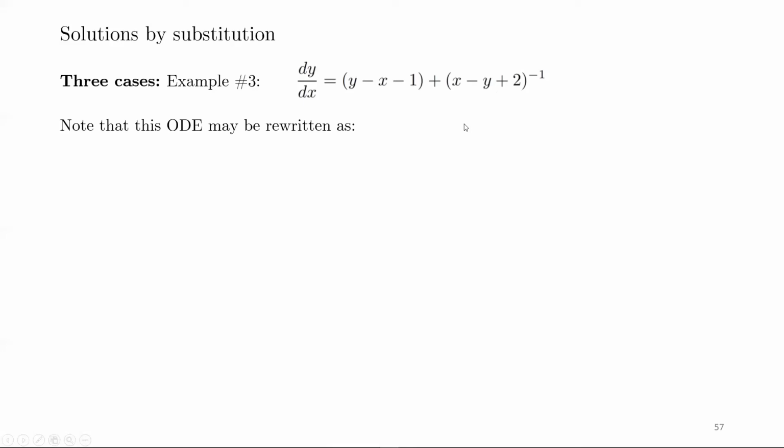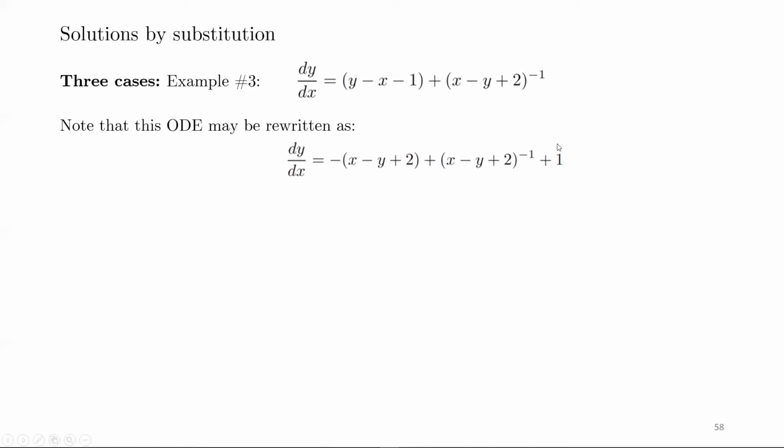So let's do that. If I subtract 1 from this bracketed term, add the 1 at the end to account for that, and multiply the first bracketed term by negative 1, then I get negative of x minus y plus 2, plus x minus y plus 2 to the power of negative 1, and then plus this constant here.